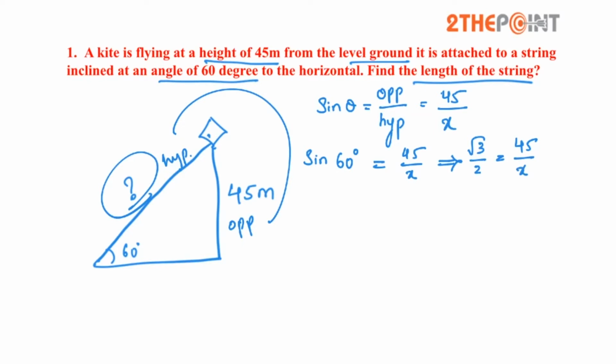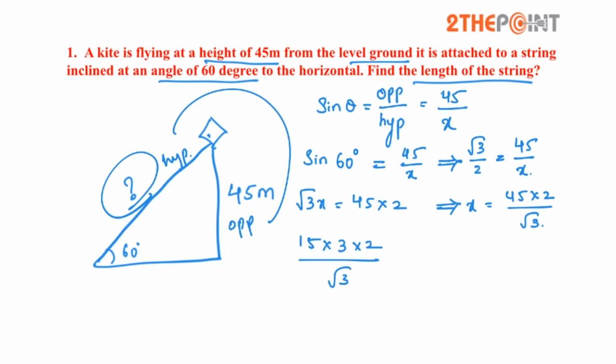Just cross multiply it. Root 3 x equals 45 into 2. Therefore, we get x equals 45 into 2 by root 3. This 45 is a multiple of 3, so we can write it as 15 into 3 into 2 by root 3.